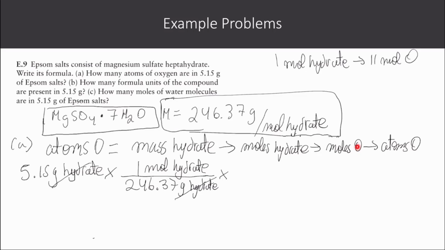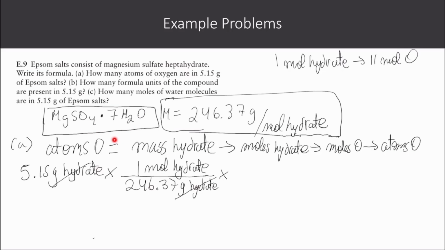Then we need to convert to moles of oxygen. So the conversion factor that we use to go from moles of hydrate to moles of oxygen is the one that we used before in the calculation of the molar mass. For every 1 mole of hydrate, we need 11 moles of oxygen, and that is coming from the formula. So in the formula, we have 4 oxygens and then 7 extra oxygens in the hydrate. 7 times 1, 7.